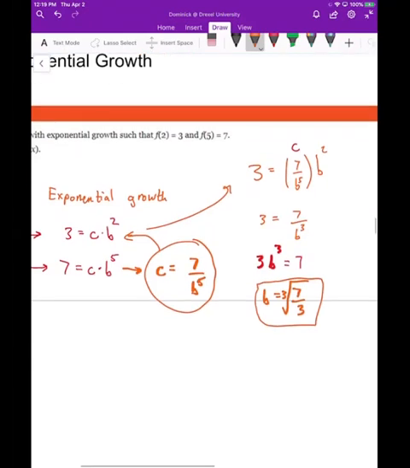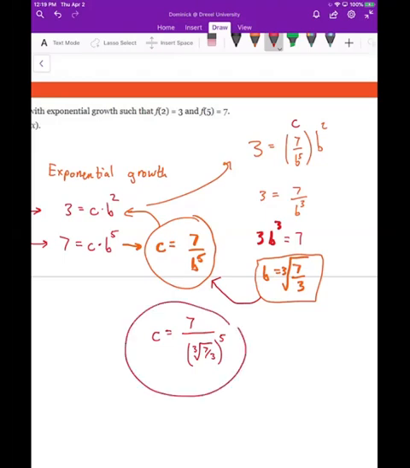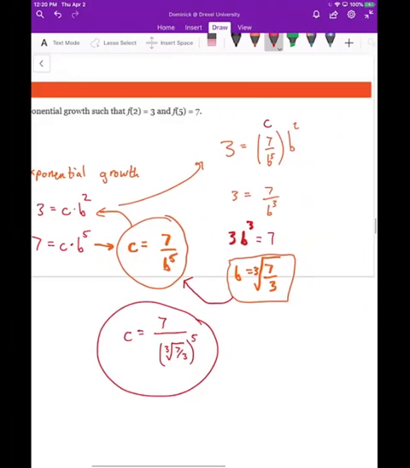All right, and now of course we can use this information to get our c term. If we plug that in here, we get that c is equal to 7 over b, which we just found was the cube root of 7 over 3, all to the 5th power. So this is some gross number, and that's totally fine. So that's what our c value is here. So what's the function that models this? And could we simplify this a little bit more? Let's see.